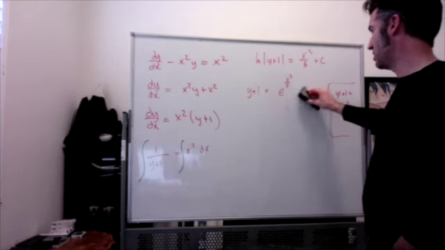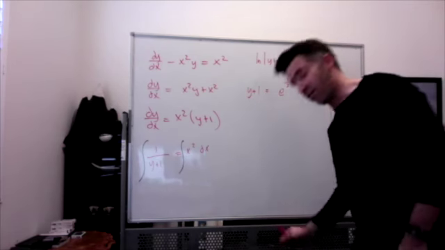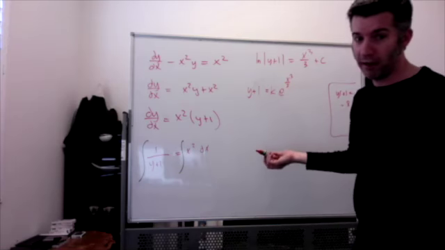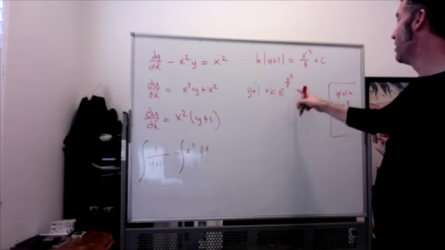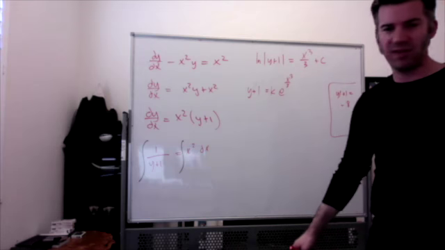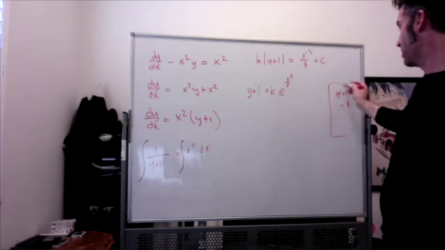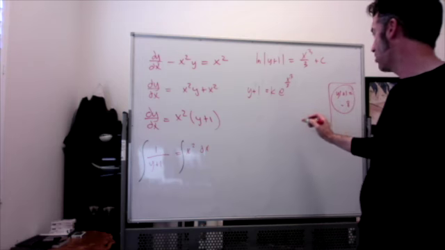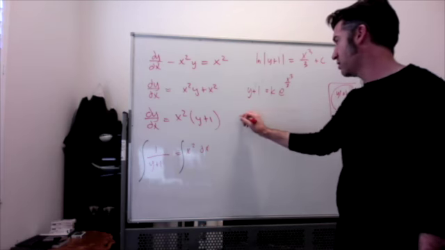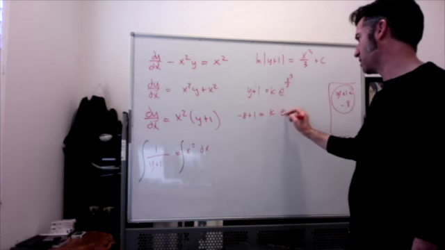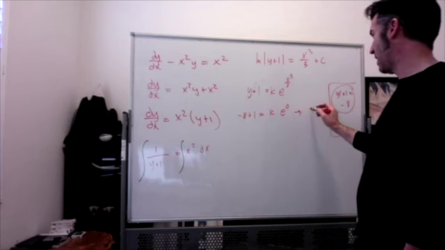I usually use c, but I feel like Quran uses k. Maybe it's because her name starts with k. Maybe not. Now is the time to plug in this information: if x is 0, y is negative 8. So negative 8 plus 1 equals k times e to the 0. So it looks like k equals negative 7.